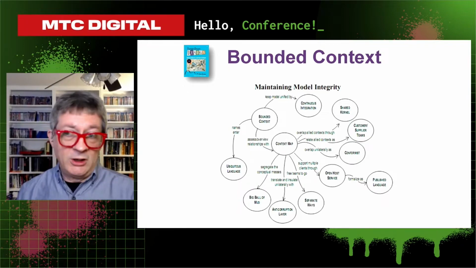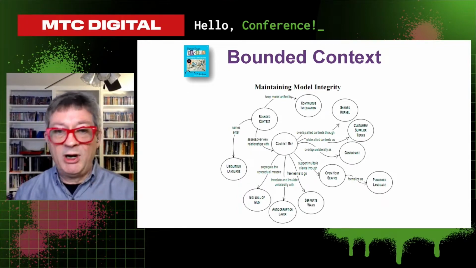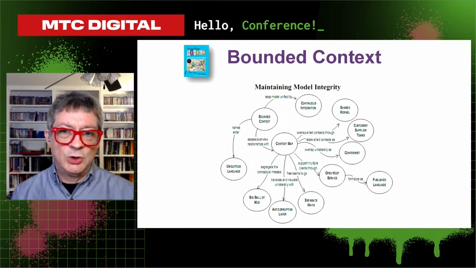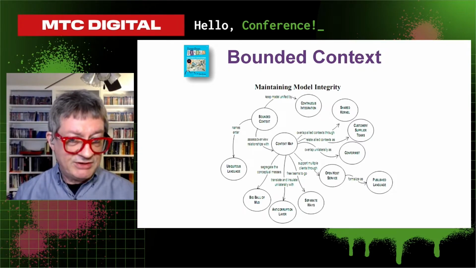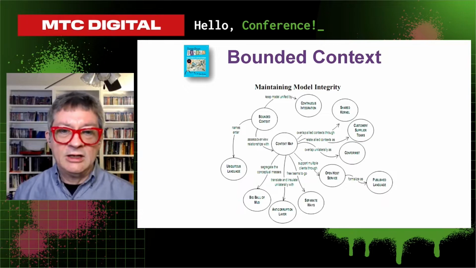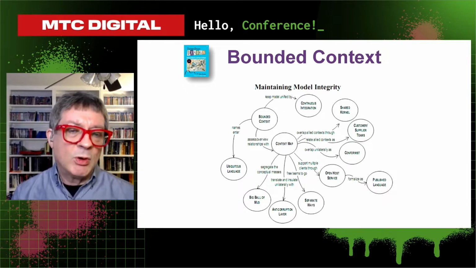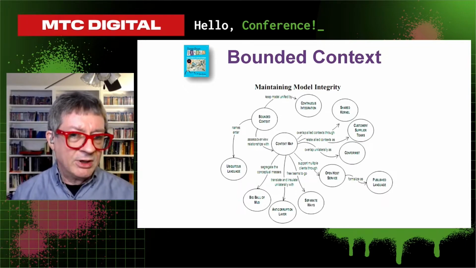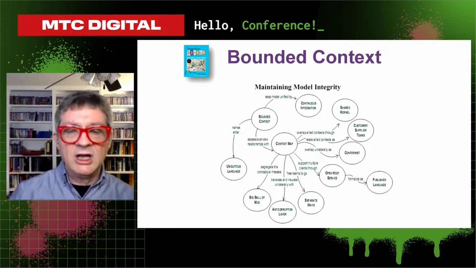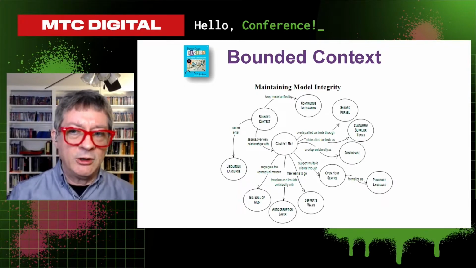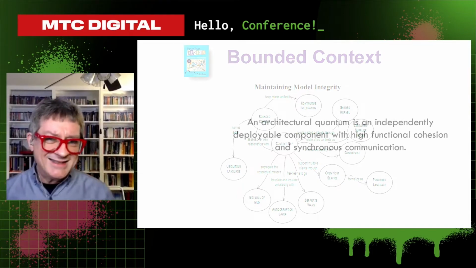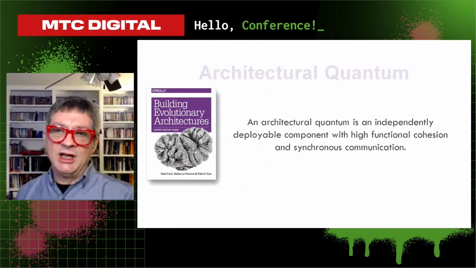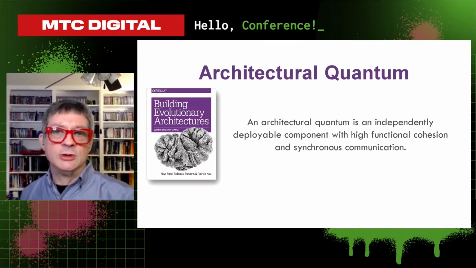And we thought about just calling it bounded context, but the problem with that, of course, is that term already exists and it has a very specific definition in the domain-driven design world. And what we're talking about is slightly different, but captures some of the same flavor. And so we ended up creating what we call an architecture quantum. This is, in essence, a bounded context expressed in architecture terms.